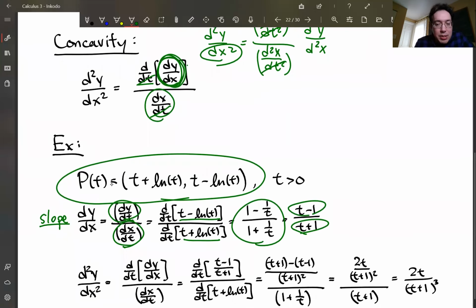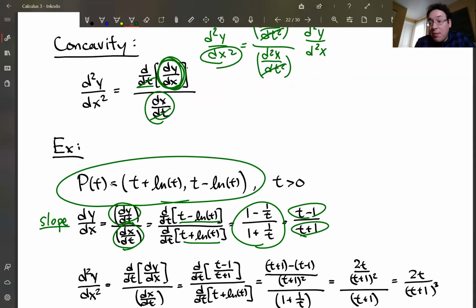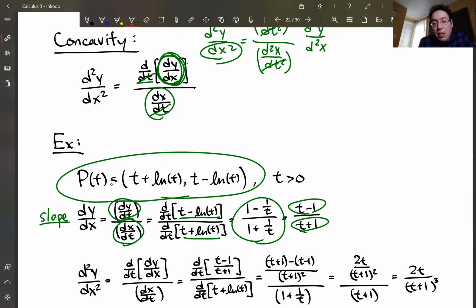Okay, so given a particular t value, here the domain is positive t. So if t is positive, the denominator is always positive because it's a positive number plus 1. The numerator depends on what the t value is.